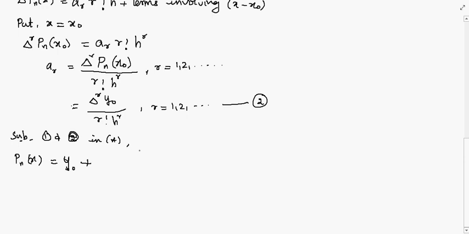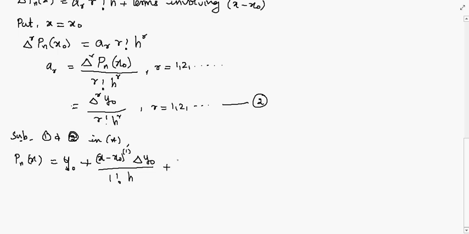Substituting r equal to 1, we get x minus x naught whole power 1 factorial into del y naught by 1 factorial into h.